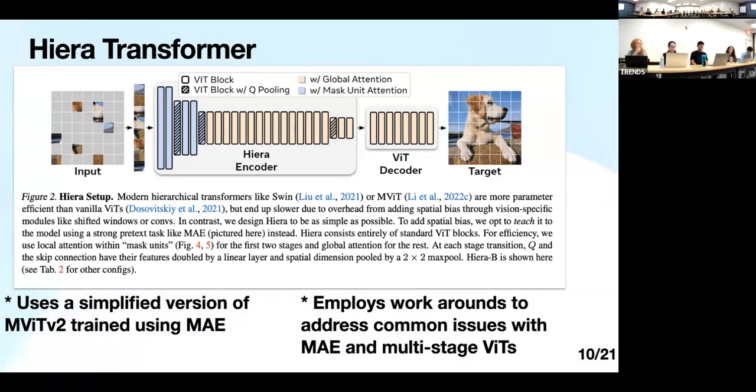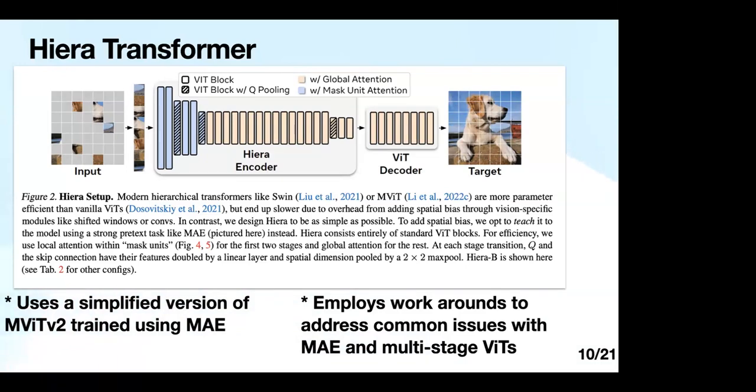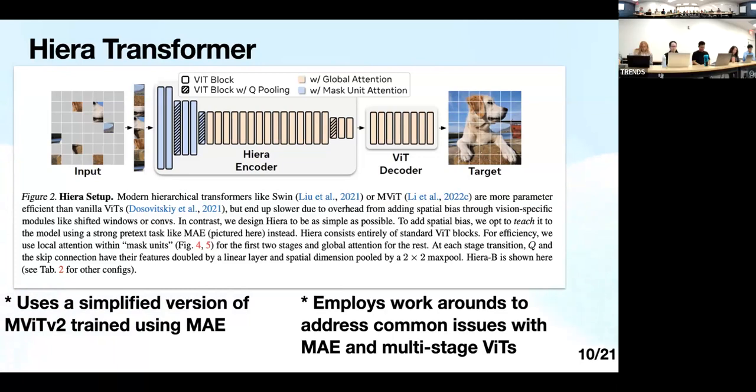And you can use this class token as an initial embedding for the masked tokens to reconstruct. But for Hiera, I'm not sure how they do pooling with tokens. I have to get into that a little bit more.